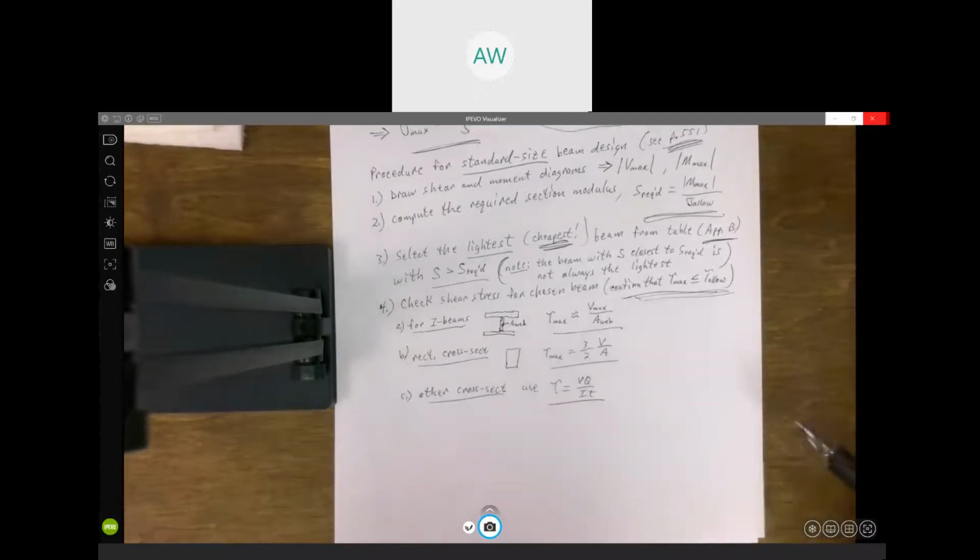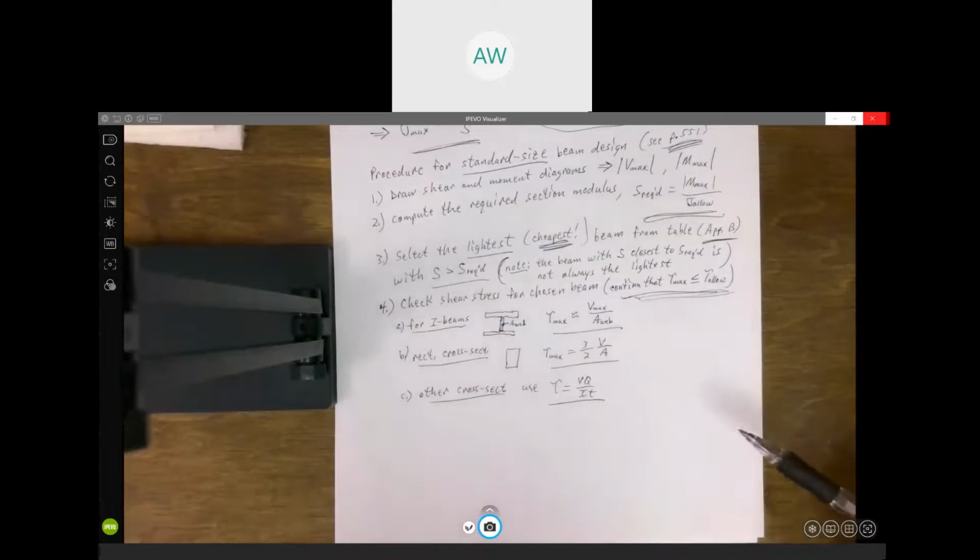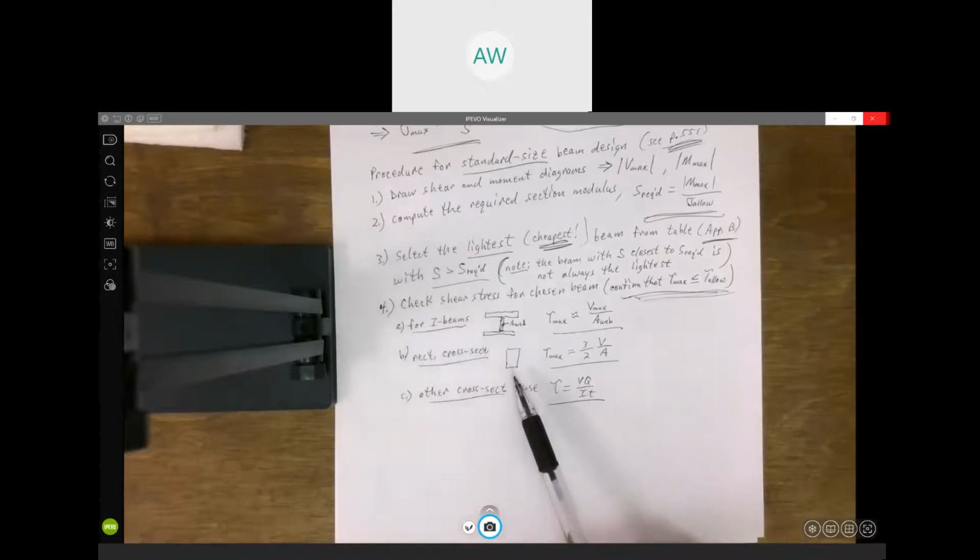But most of these problems that are in chapter 11, a lot of, like the one we did where we did the custom design, it was a rectangular cross section. Most of these standard size beam problems are going to be I-beams, and we can check it that way.